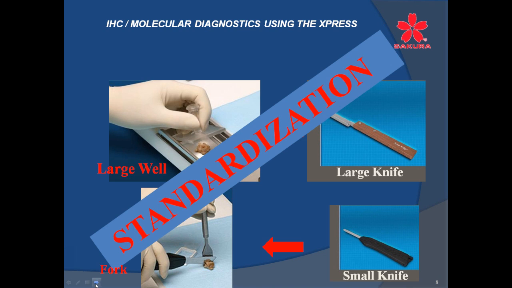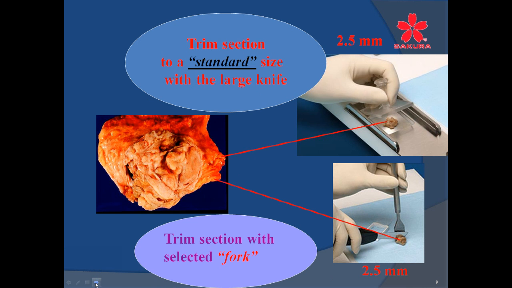So again, if we standardize these things, that's what we lack in histotechnology in many ways, is standardization. And we really need to see if we can't focus on making things more standardized.